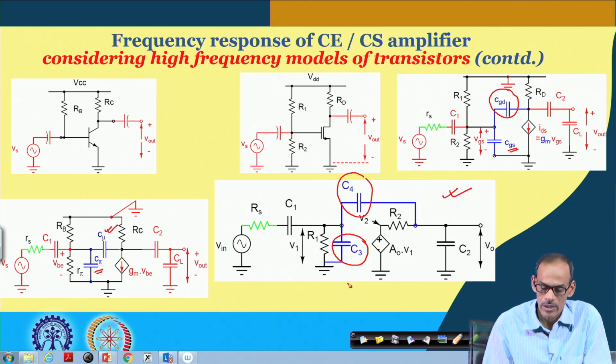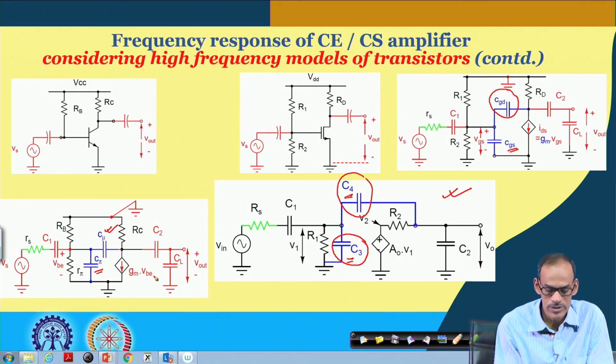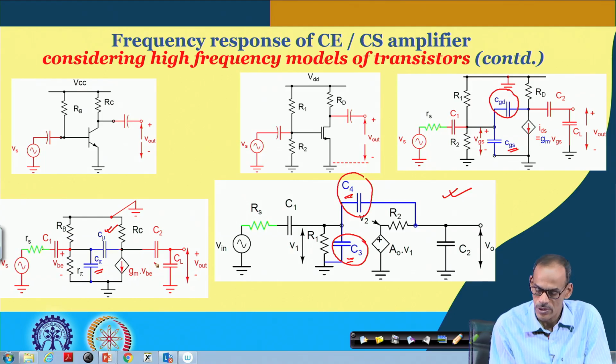So, while talking about the frequency response, we can see that the impact of these two capacitances we have to consider. And in this circuit, I have made a small mistake.